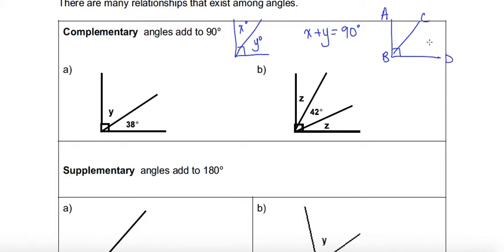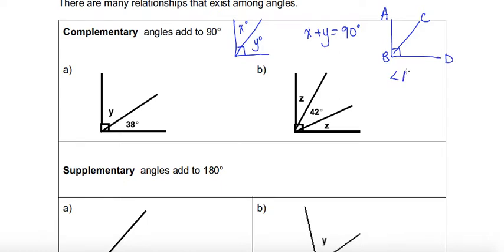So we can also label angles using the letters that form that angle, making sure that the corner or the middle of our angle is always in the middle of our letters. So I can also say that angle ABC, so these are the letters that make that angle, and we use a little symbol that sort of looks like a less than symbol.